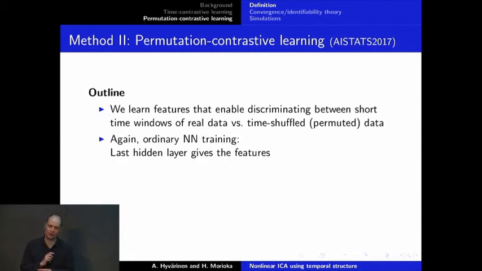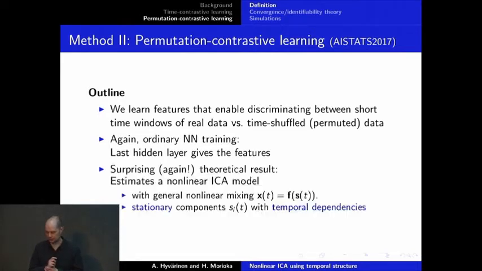And again, we do ordinary neural network training where the last hidden layer gives the features. And again, I claim the theoretical result is surprising, at least I found it quite surprising, which is that this kind of method can actually be seen to estimate a nonlinear ICA model, where just like in the previous method, we have a general nonlinear mixing.